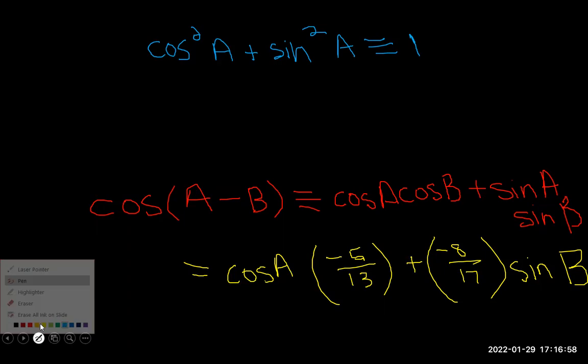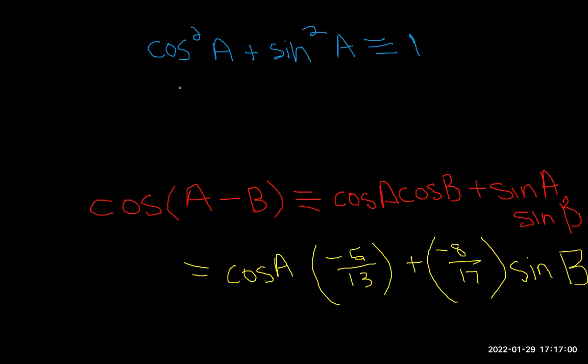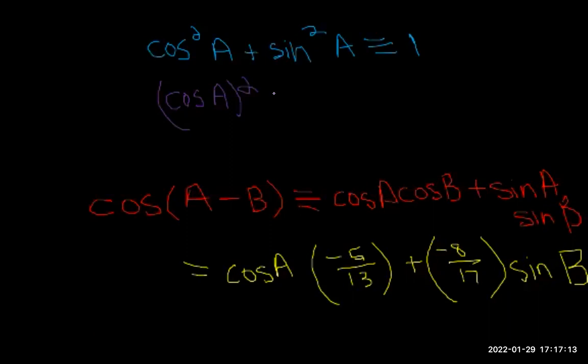Whenever we did that, I told you that cos squared A can be rewritten as cos A squared. Same thing with this. Sine squared A is the same as saying sine A squared.